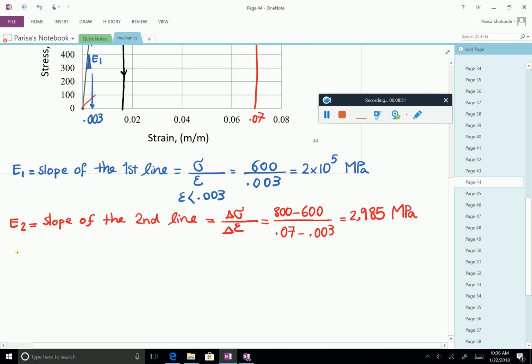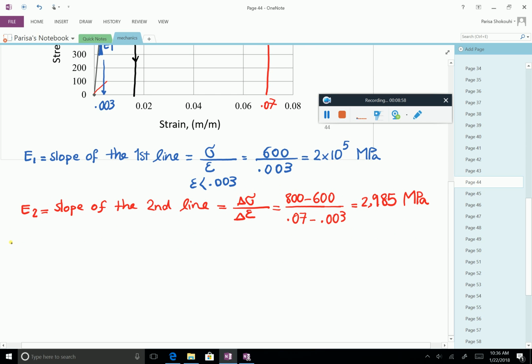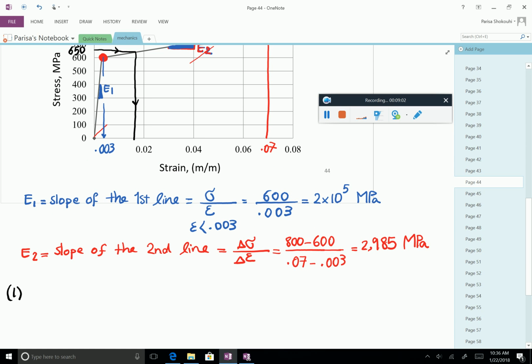So we have to break it up into two parts. For answering part 1, did we call it 1 or A? Yeah, 1. It becomes almost like geometry.